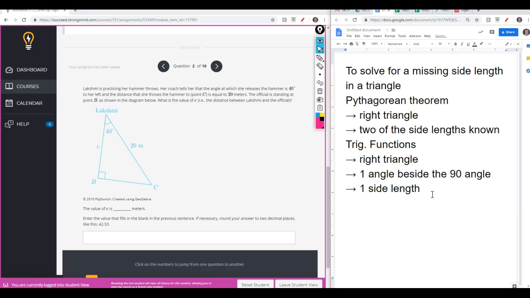So we know that the sine of an angle is equal to the opposite side length divided by the hypotenuse side length.